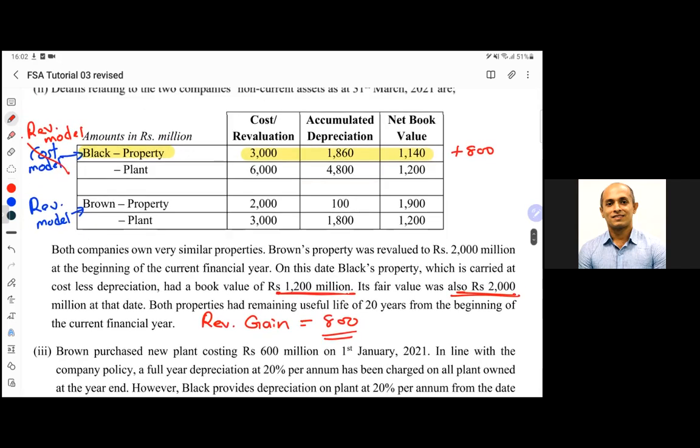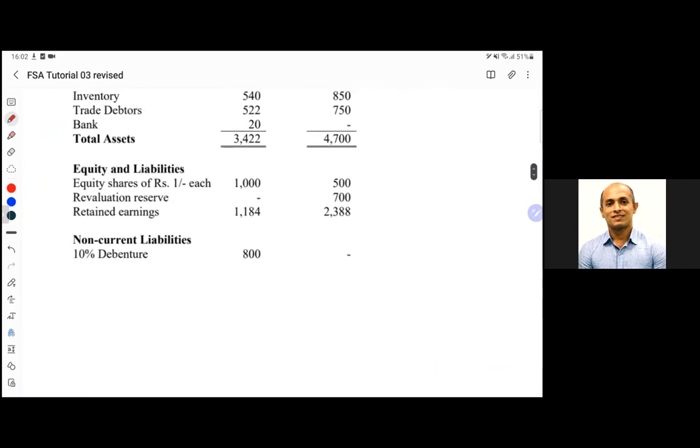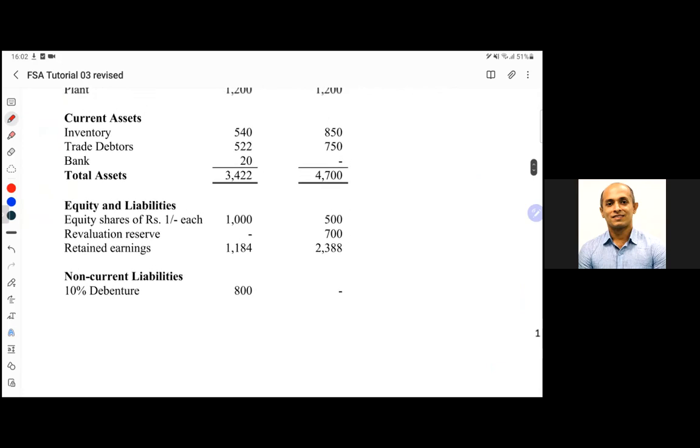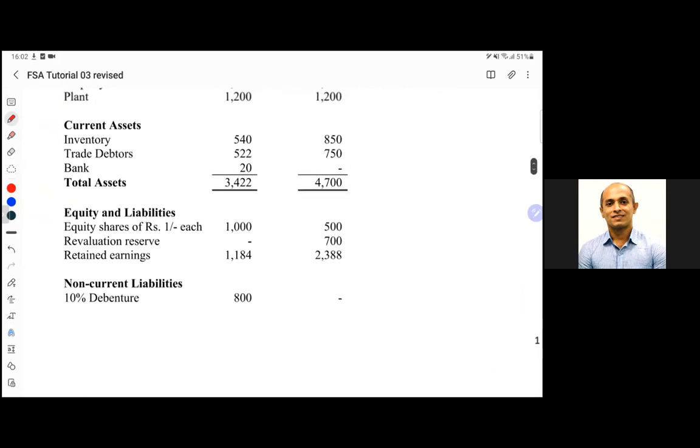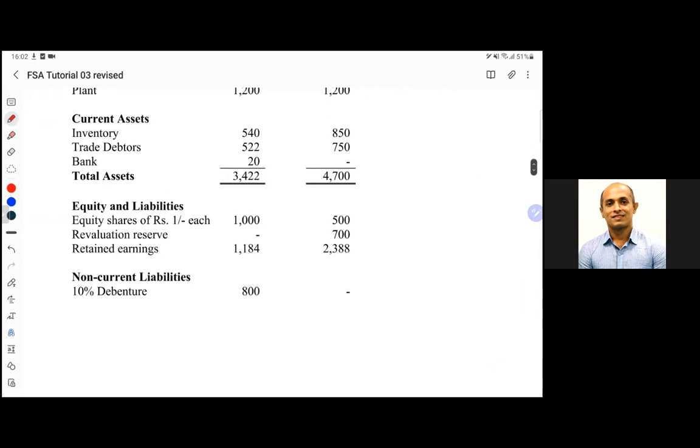And this 800 is revaluation gain. So this is the first time Black's property is revalued, because earlier that was at cost model. Therefore, that goes to the revaluation reserve.